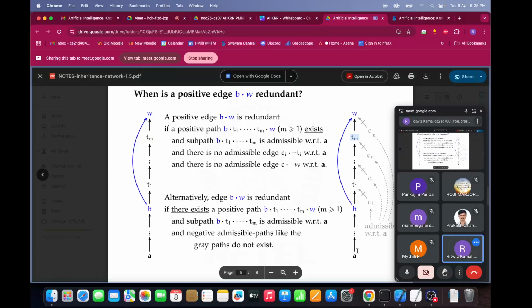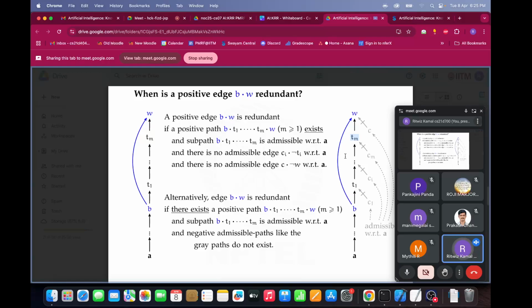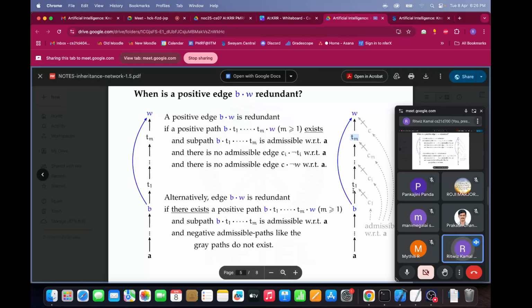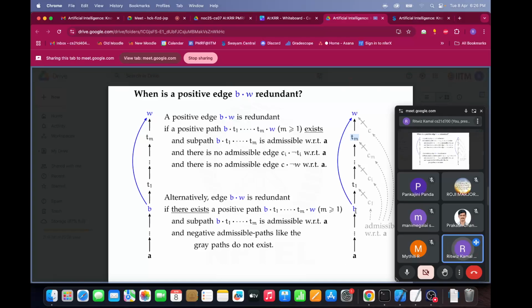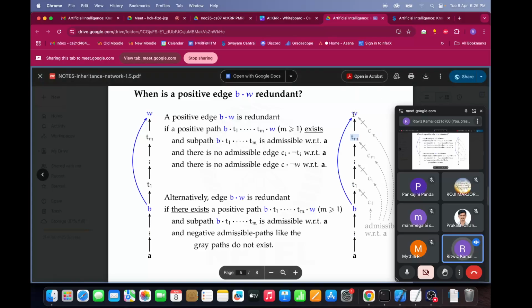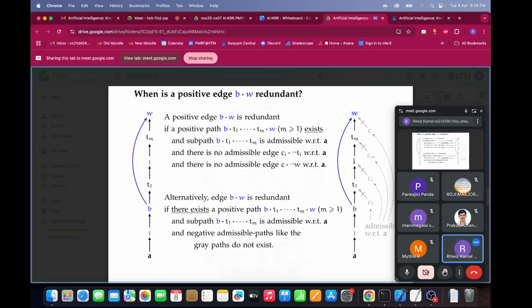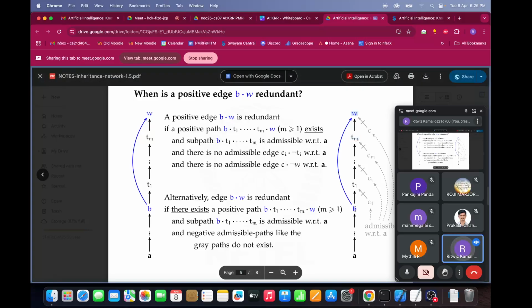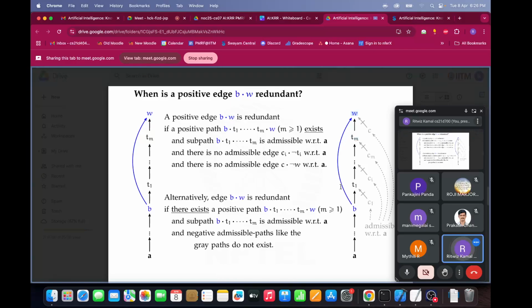So human being is a mammal, mammal is a living organism, living organism is a resident of Earth, and then let's say W is an entity in the universe. So there is this particular inheritance structure. Now we already know, because of this flow of information, that a mammal is already an entity in the universe, right? So if we had an extra edge from mammal to entity in the universe, it won't add any additional information, it will just be redundant.